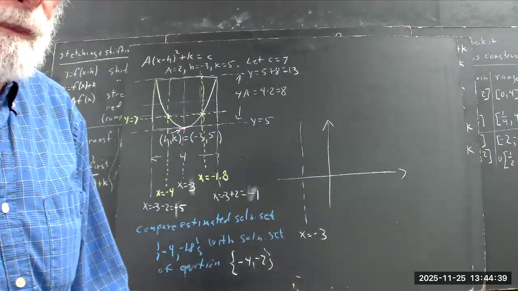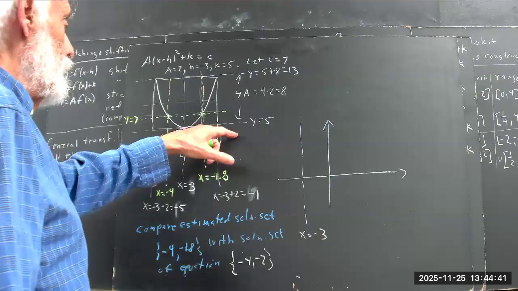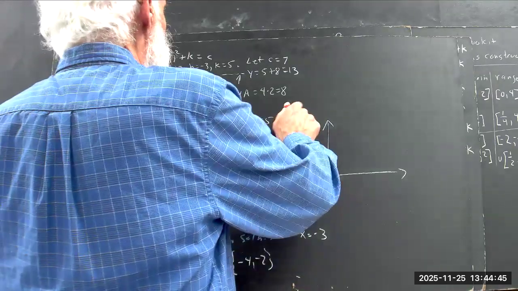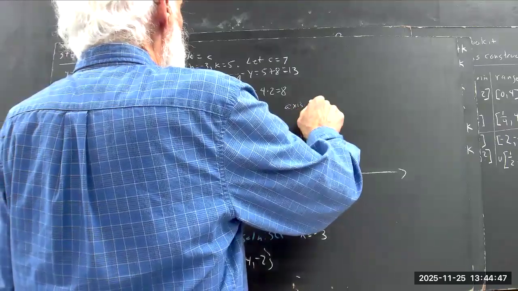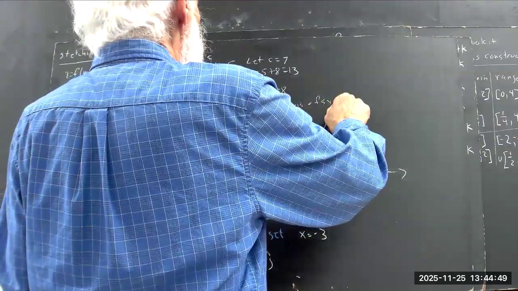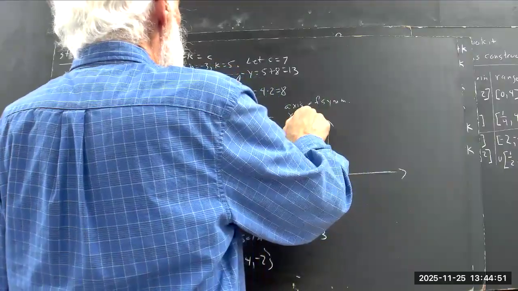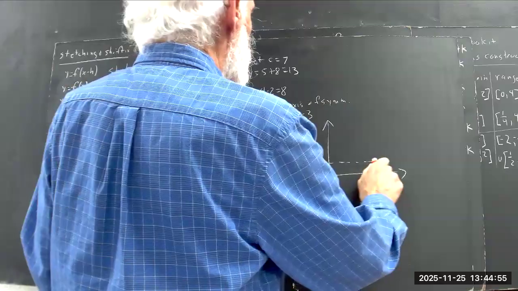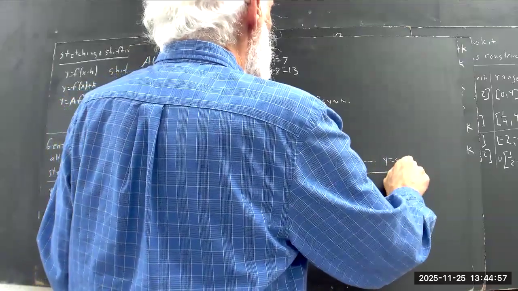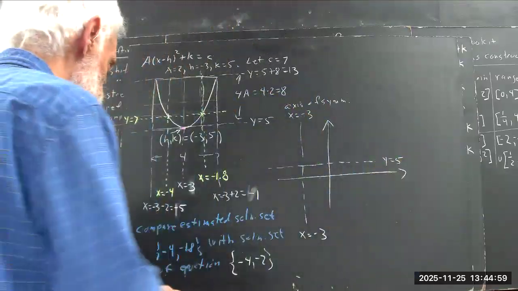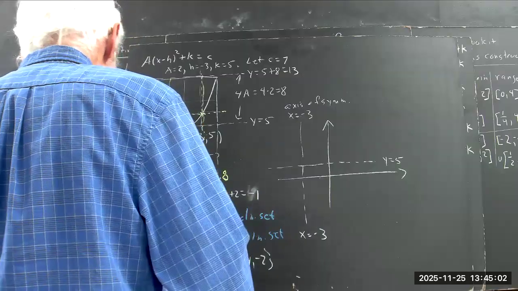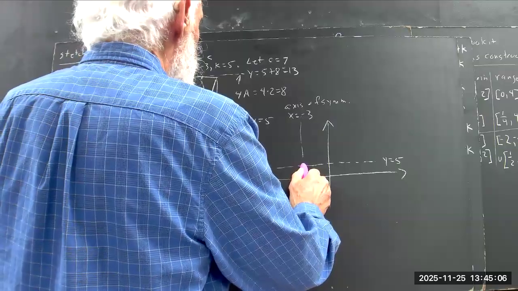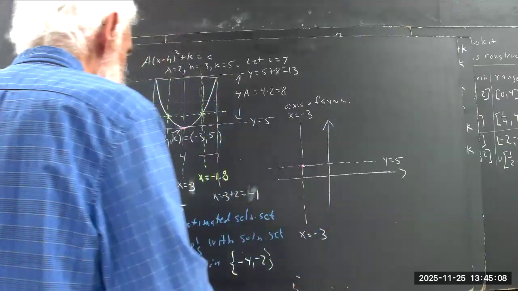My vertex is on the axis of symmetry, and it's at y equals 5. So here is our red dot.